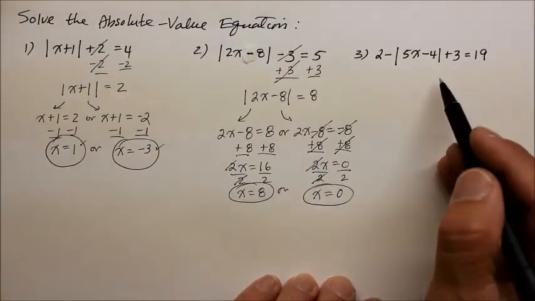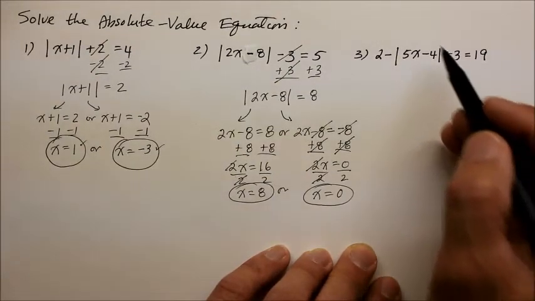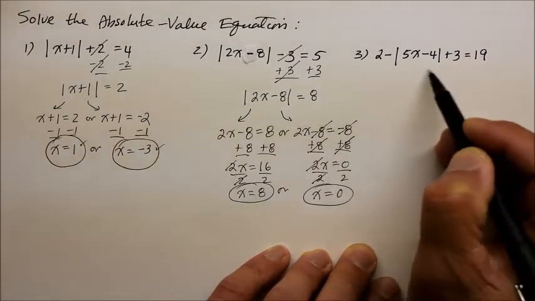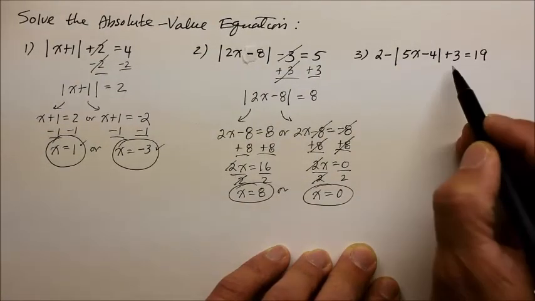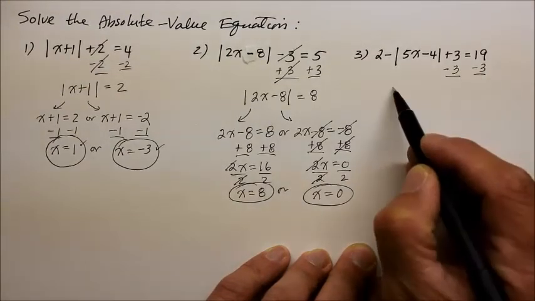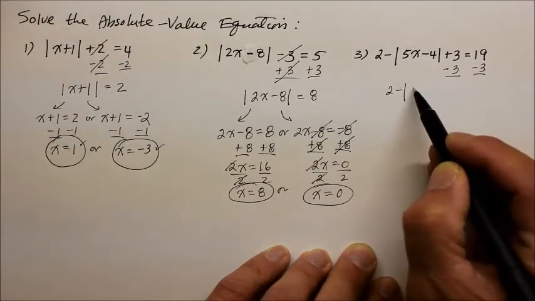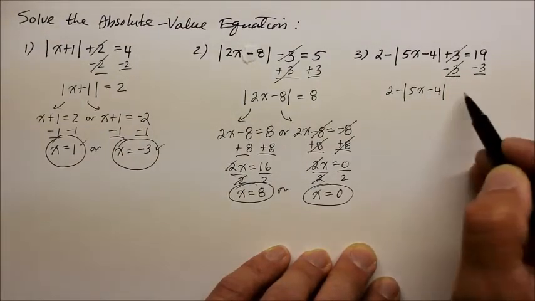And finally this one. This one was quite spicy, but you're still trying to isolate the absolute value. Get rid of everything else from the left side of the equation. So first, minus 3 from both sides of the equation. So you get 2 minus absolute value of 5x minus 4. The 3 and the minus 3 cancel out.